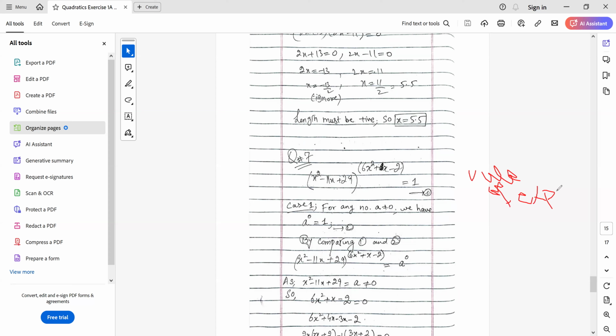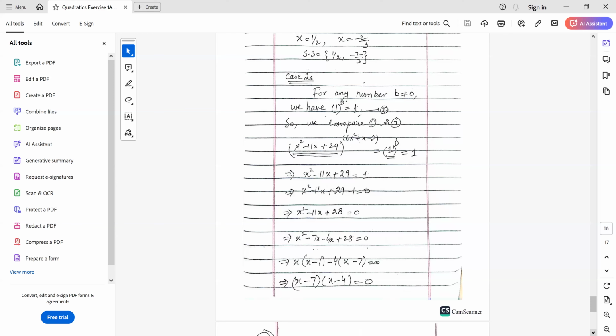And then similarly is case 2 and also case 3.